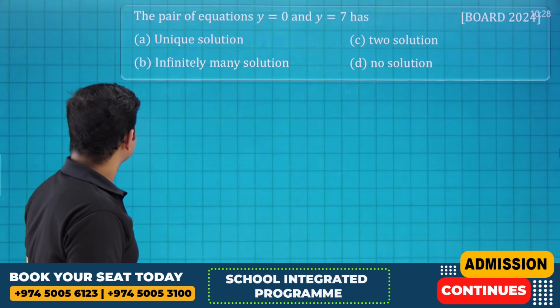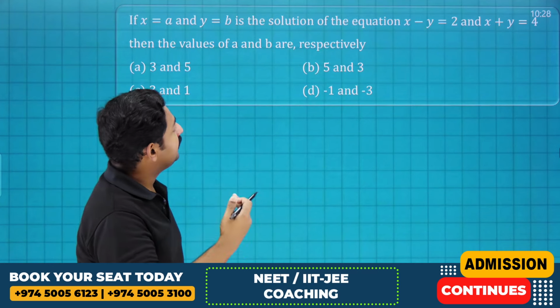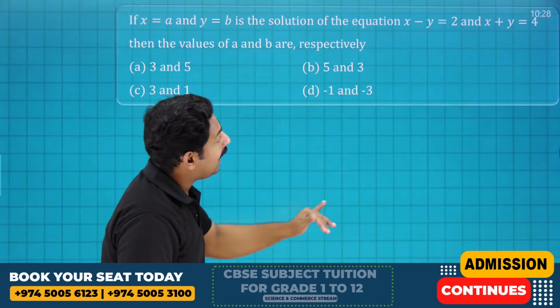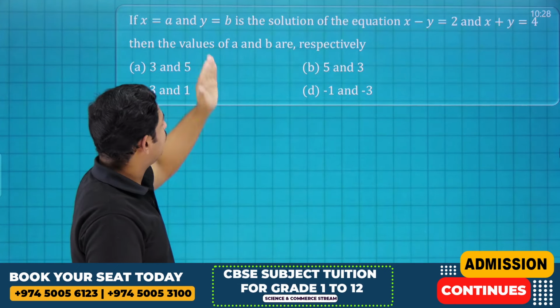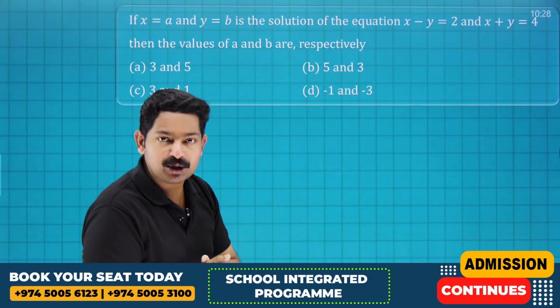Now the next question: x equal to A and y equal to B is the solution of the equations x minus y equal to 2 and x plus y equal to 4. They have given that these are the solutions of the given pair of equations.